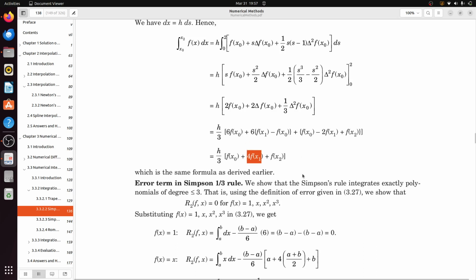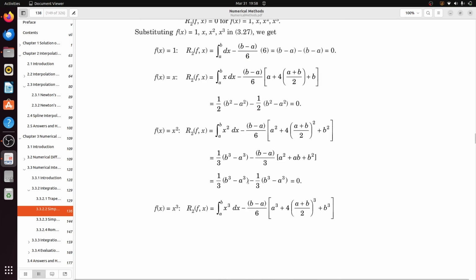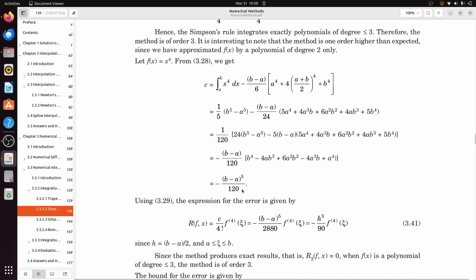So when you use the composite rule, it will be f x0 plus 4 f x1 plus f x2 plus f x2 plus 4 f x3 plus f x4, right? So for f x1 and f x3 the coefficient will be 4, and for f x2 the coefficient will be 2. So this is how we formulate the composite integrals.